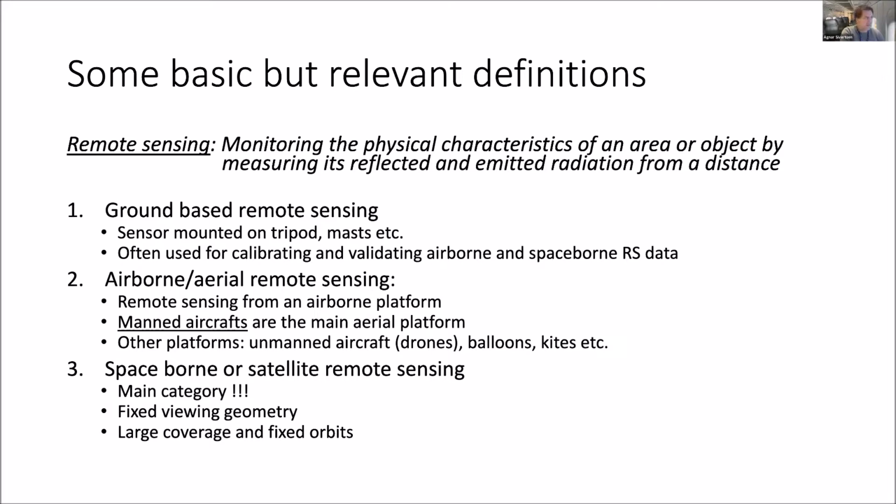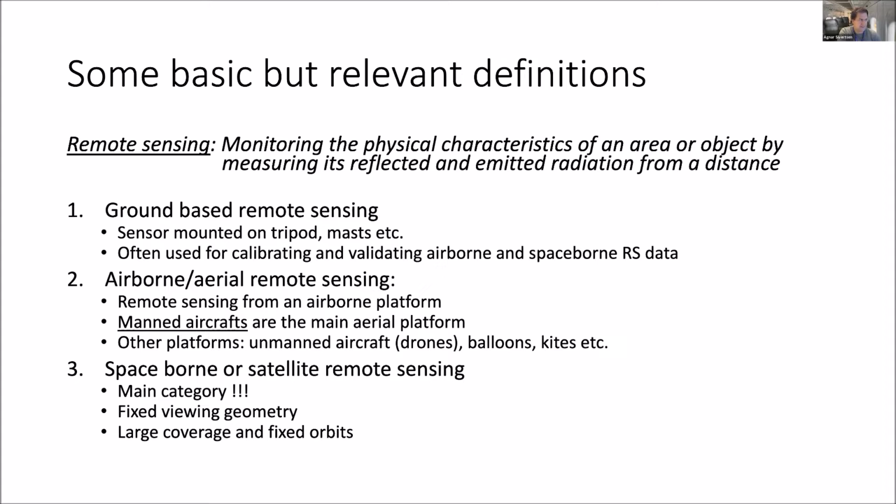The first category is when we have sensors mounted on masts or tripods close to the ground, from a few centimeters to tens of meters. These systems are very important, especially for calibrating and validating airborne and spaceborne remote sensing. Then we have airborne remote sensing, also called aerial remote sensing.